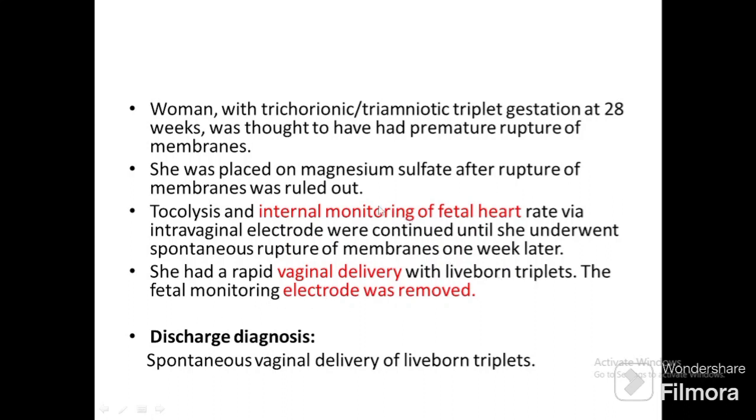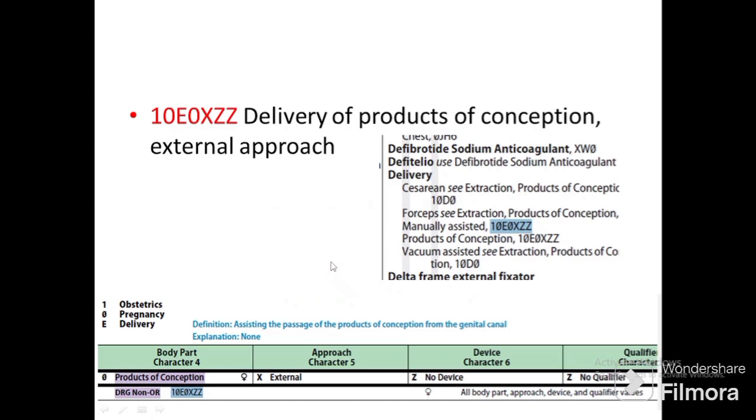So here there was monitoring of fetal heart rate via insertion of an electrode, and also delivery with live-born triplets. You should code for both the monitoring of the fetal heart as well as the delivery. First we should code for the delivery.